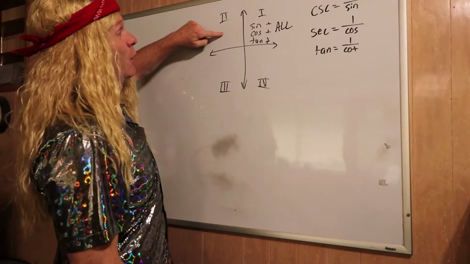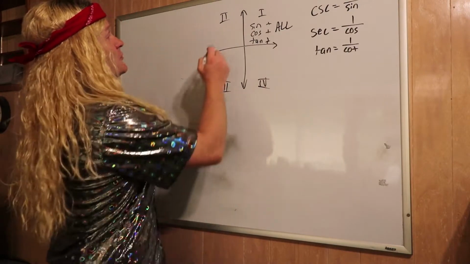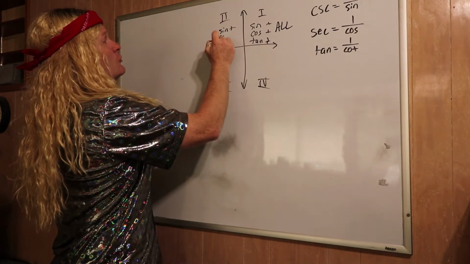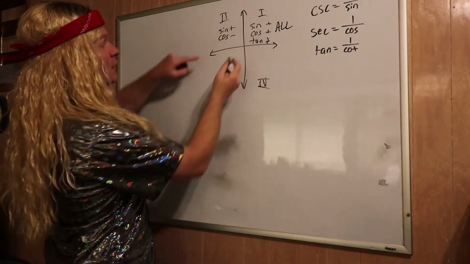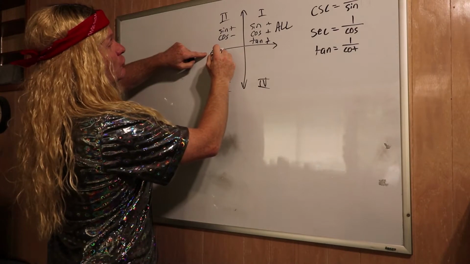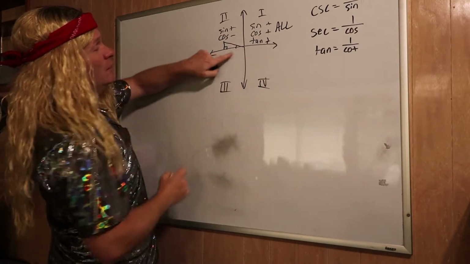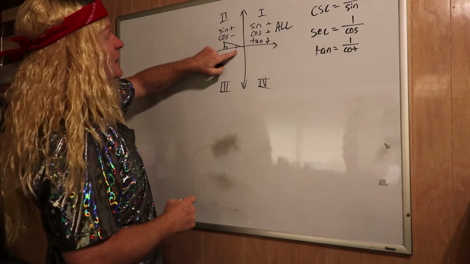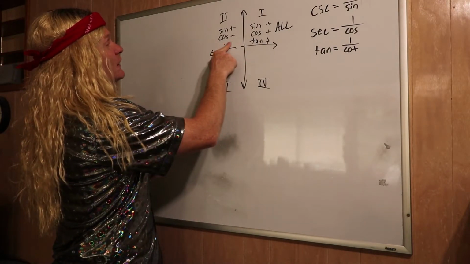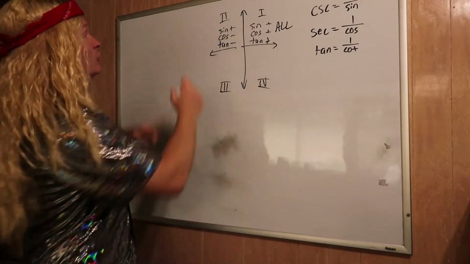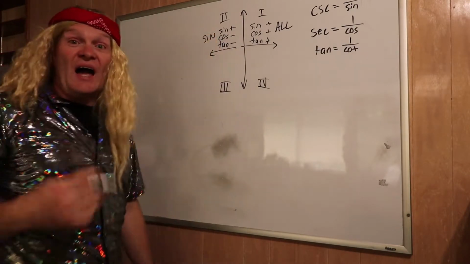In the second quadrant, sine is positive, cosine is negative, because if we were to draw some sort of triangle in here, this would be our angle. Since the adjacent would be a negative number, that means cosine's negative, and tangent is also negative. So in quadrant 2, only sine is positive.